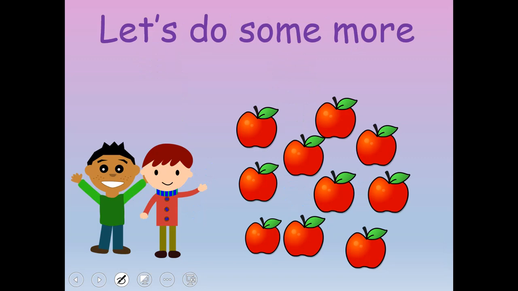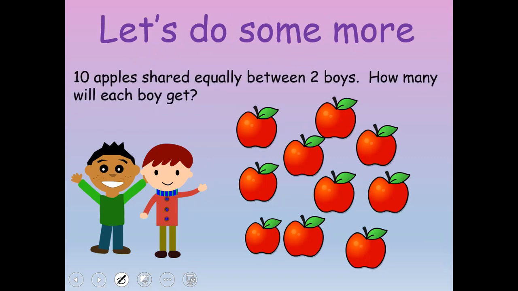So now we have these 2 guys, okay, and they are hungry, so they want to eat 10 apples. So we have 10 apples, and they are going to be shared between 2 boys. So let's call him number 1, let's call him number 2.